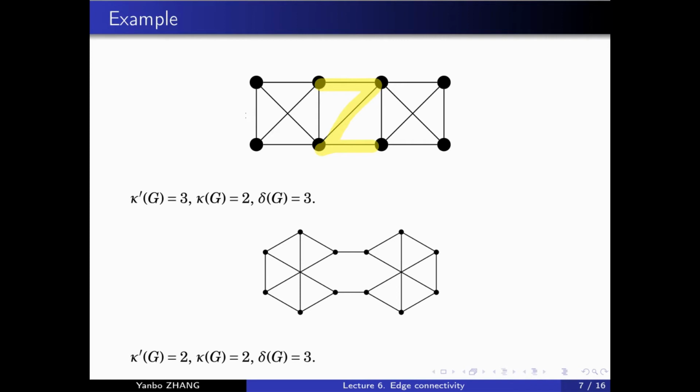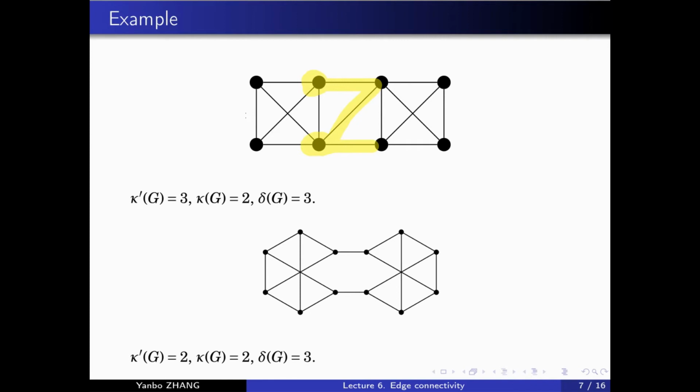Its connectivity kappa G is 2, because these two vertices disconnect the graph. And if you delete any single vertex, the graph is still connected. It's easy to check that its minimum degree is 3.